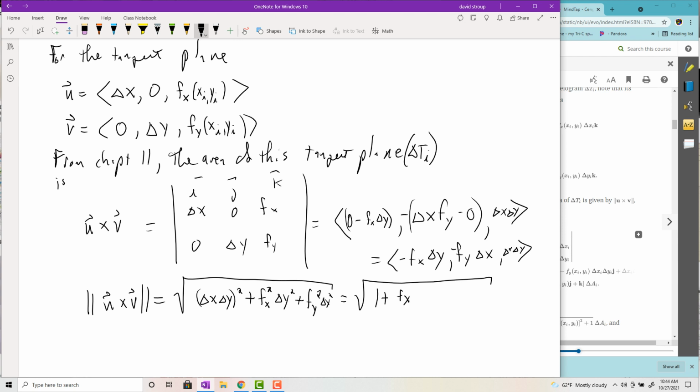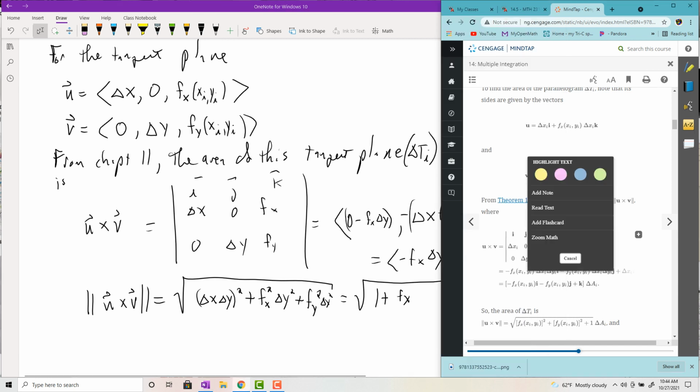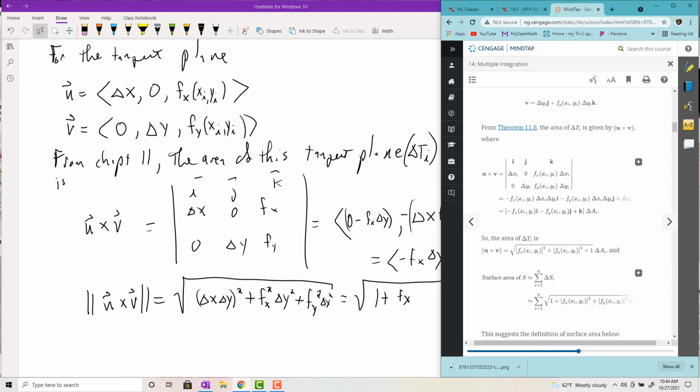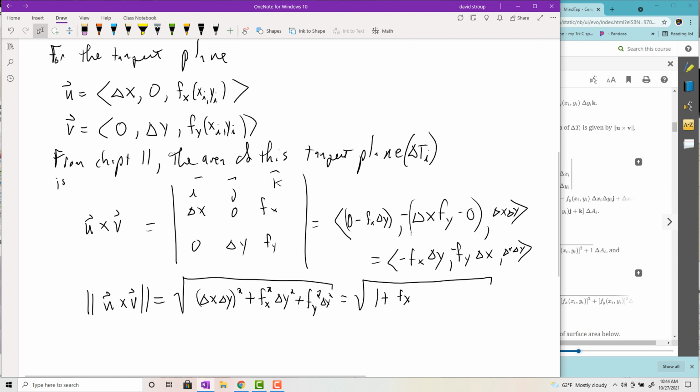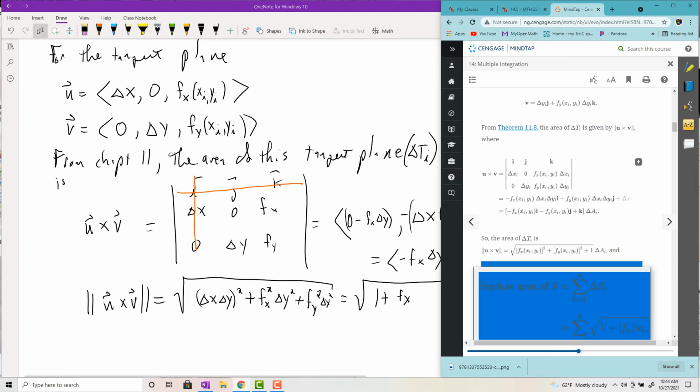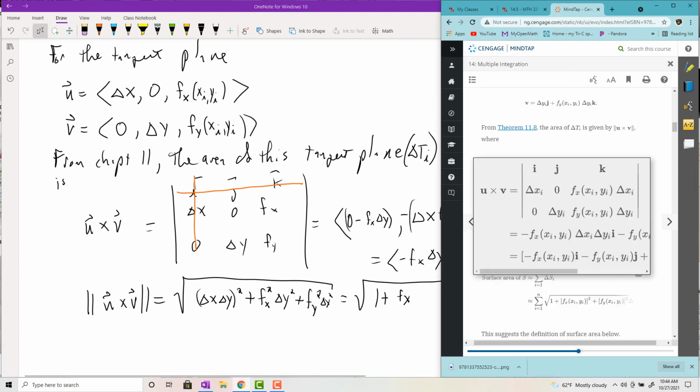f sub x, and then I'm starting to think that I did this wrong as well. Somehow I got a delta y where I didn't need. For the first, you have to cover up this, and then it's fx times delta y.